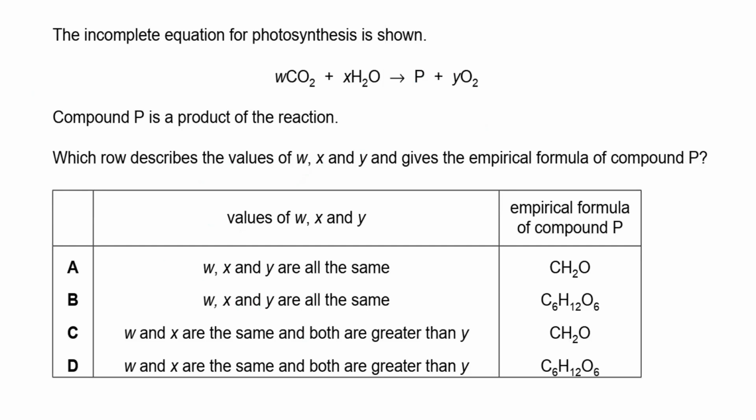The incomplete equation for photosynthesis is shown. W CO2 plus X H2O reacts to give compound B plus Y O2. Compound B is a product of the reaction. Which row describes the values of W, X, and Y and gives the empirical formula of compound B?